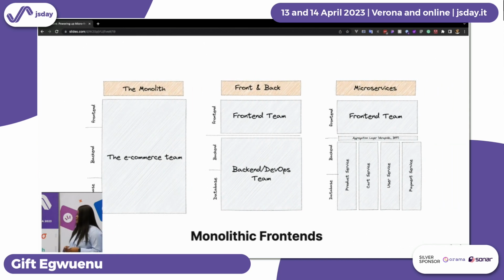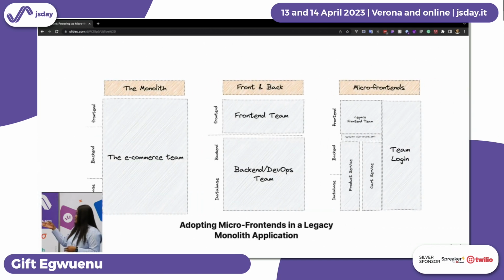Taking a look at the previous monolith front-end application architecture that I showed you, you have the microservices portion where each piece of back-end logic is a service on its own, while the front end is pieced together as a single unit. But what if this is a legacy application and we want to incrementally adopt micro-frontends in it? That changes to something like this.